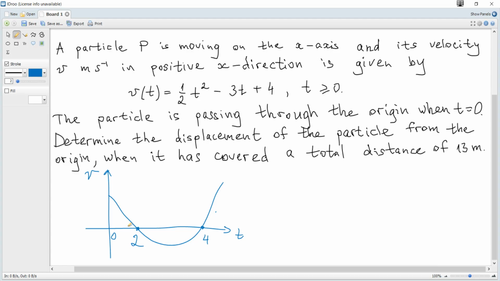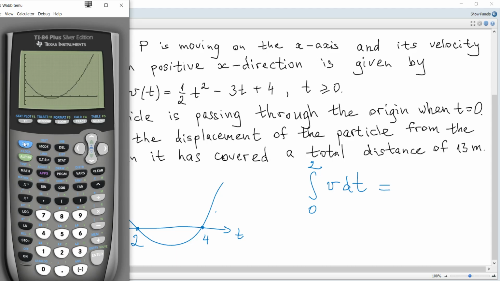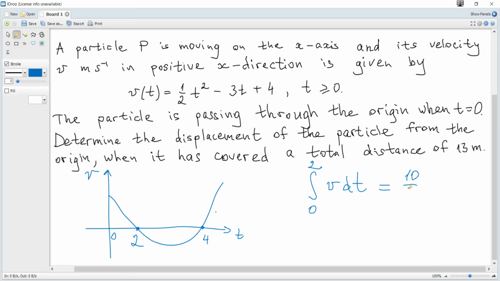It means that the particle is moving to the right, and if you calculate the integral from 0 to 2 of v dt, which is the formula for displacement, you will get that it's positive. Let's calculate it. So the integral from 0 to 2 is 10/3 plus meters.